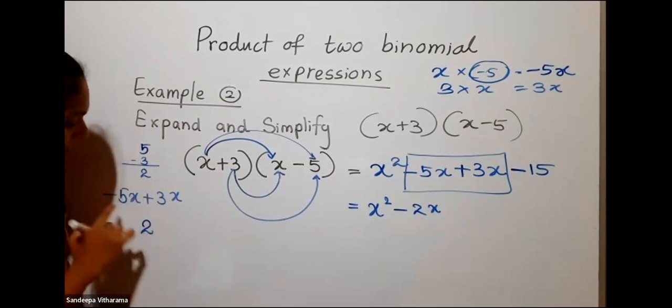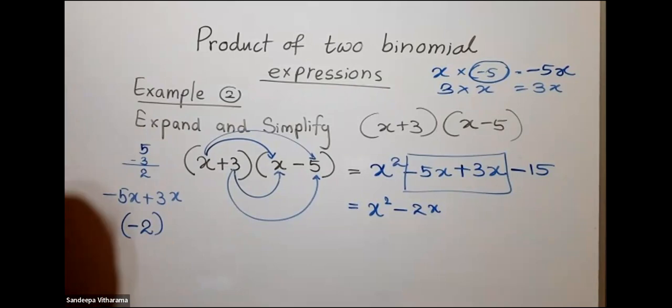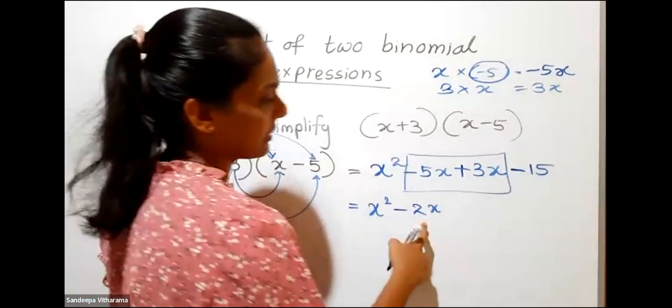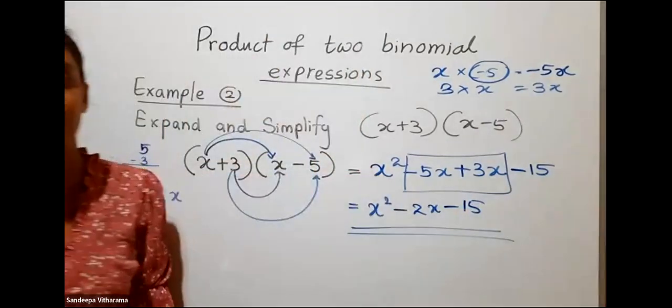Then you have to give the sign of the large number, it is minus 2x. Then minus 15. This is the answer.